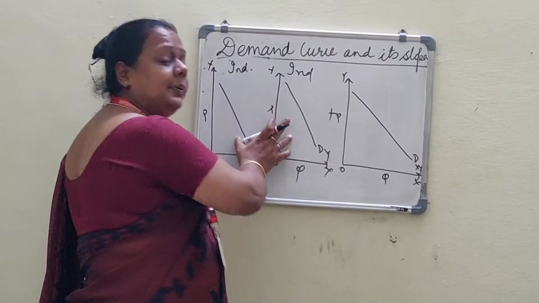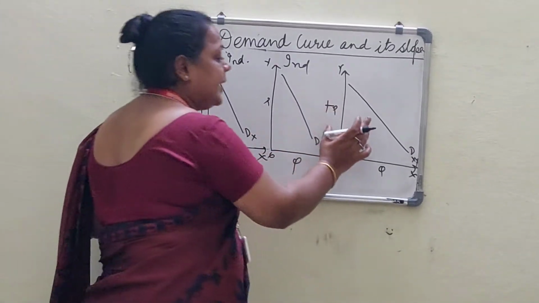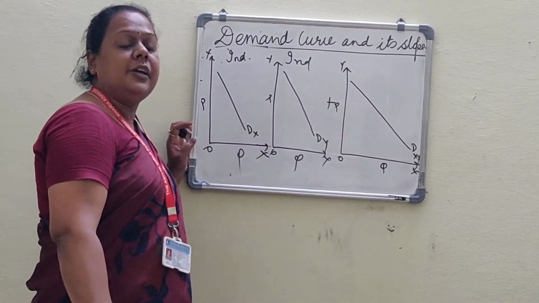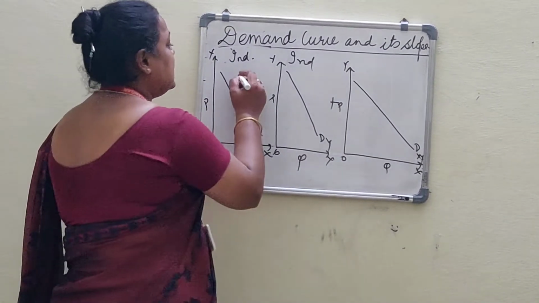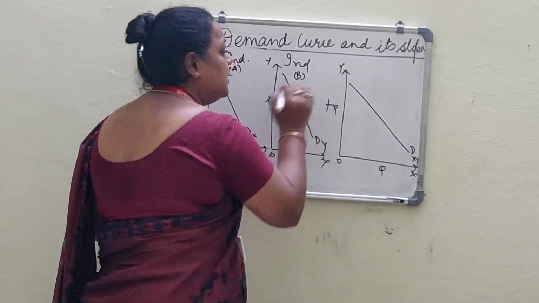By adding up the individual demand curves, we can derive the market demand curve for a specific commodity. That means this is for customer A, this was for customer B.